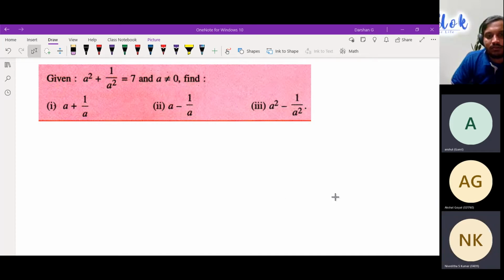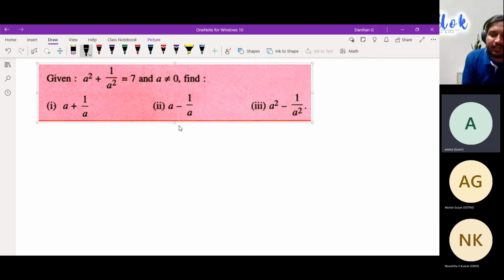Second one is plus minus root 5. Sir, first one is plus minus 3. That's right. You can try the third one once you are done. Okay, let's wait for Akshat.